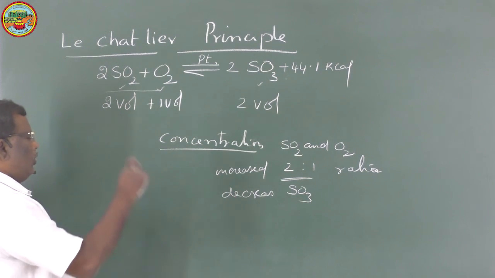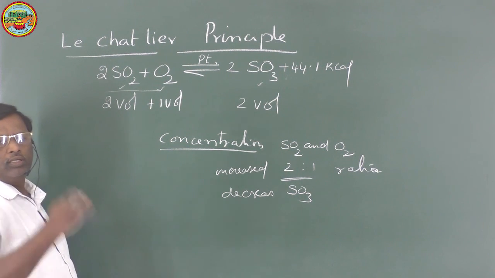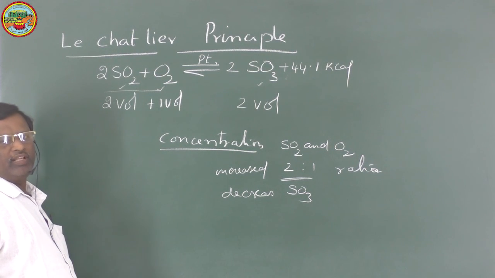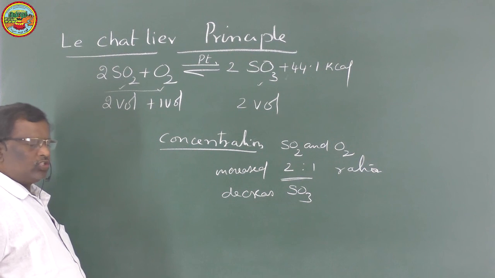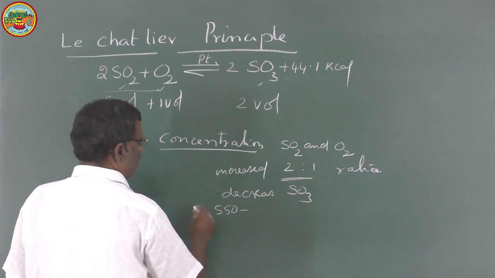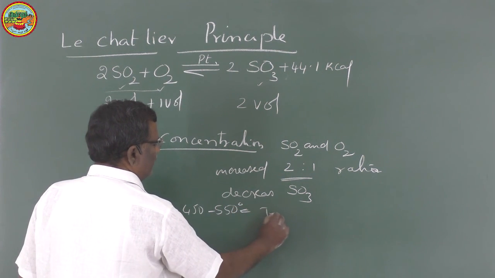Next, low temperatures favor the forward reaction. Low temperatures favor more production of SO3, but at very low temperatures, the rate of the reactions is very slow. So an optimum temperature of 450 to 550 degrees centigrade will be maintained.